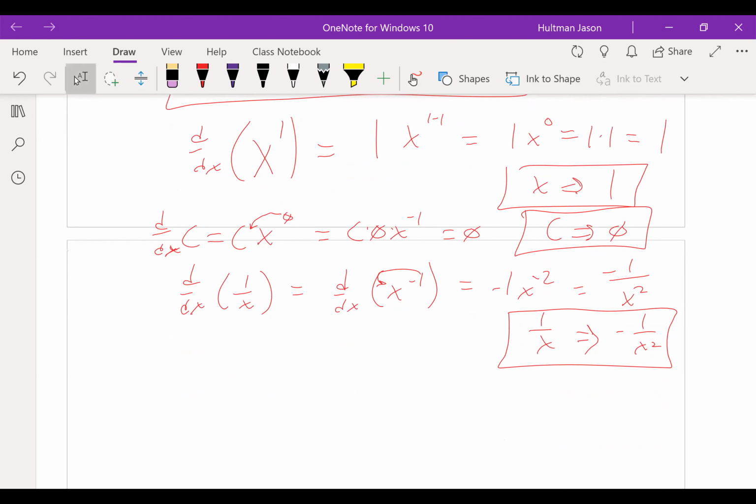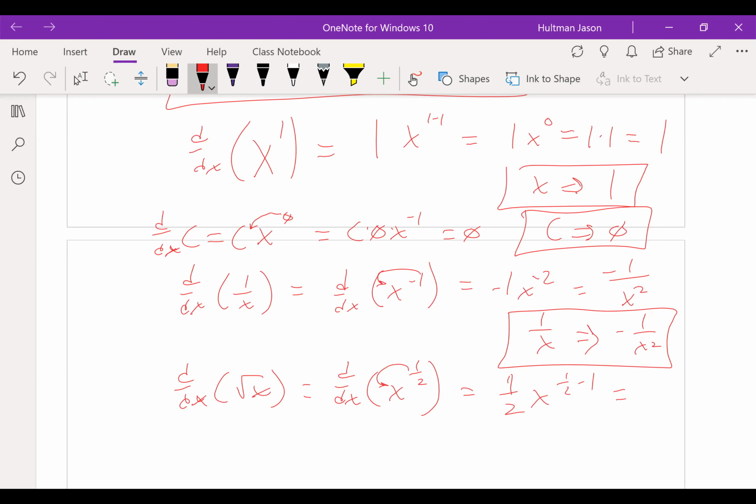What about radical x? So let's find the derivative of radical x. Well, I can rewrite this as an exponent. This is x to the 1/2 power. So let's take that 1/2 and put it in front. That's 1/2 times x to the 1/2 minus 1. 1/2 minus 1 is negative 1/2.